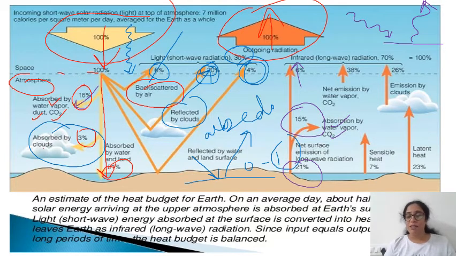The 7% of the heat is released in the form of sensible heat. So what is sensible heat? When the air is lying in contact with the land, it acquires the temperature of that surface. Why? Because air is a bad conductor of heat, so it does not get heated up directly. It takes the temperature of the surface on which it is lying.